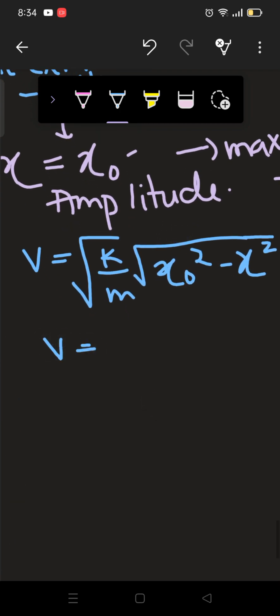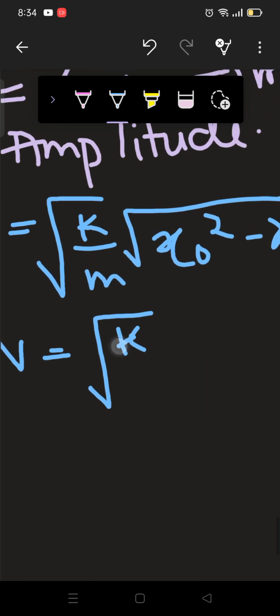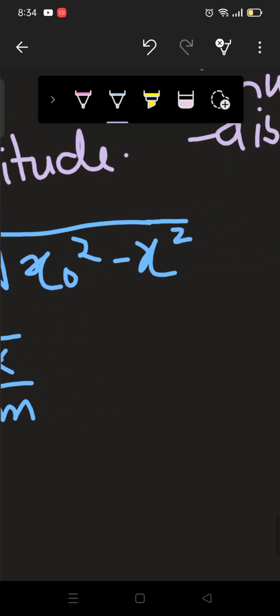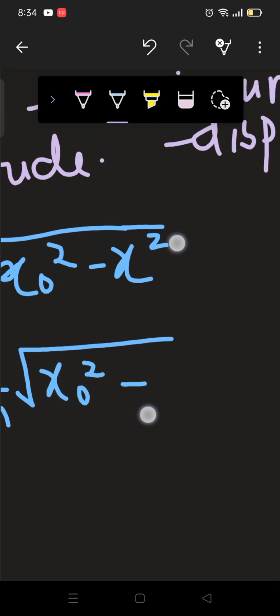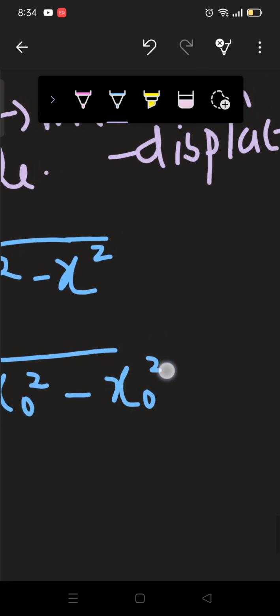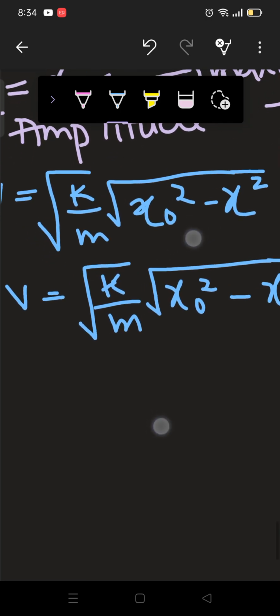So v is equal to under root k over m into under root x naught square minus x naught square. x naught square minus x naught square is actually equal to 0.